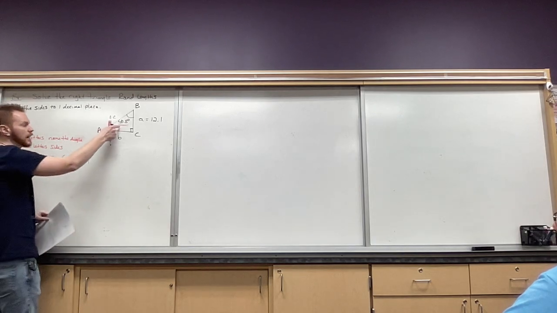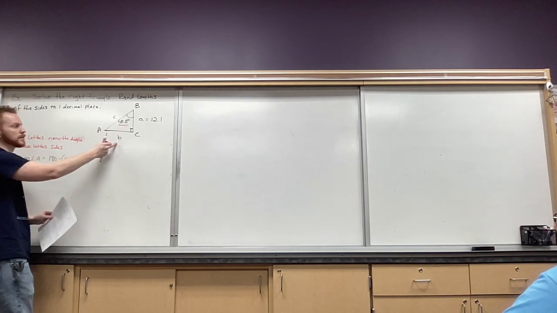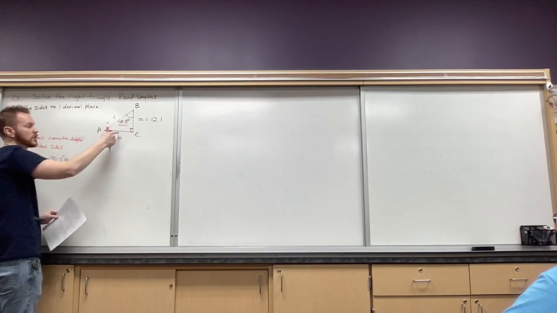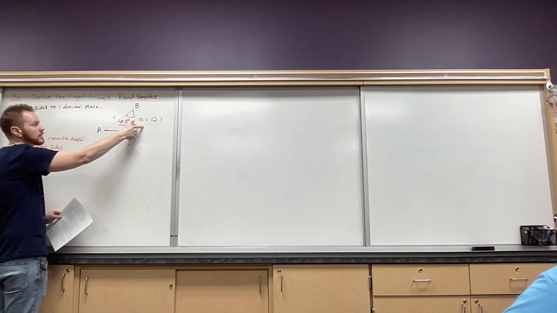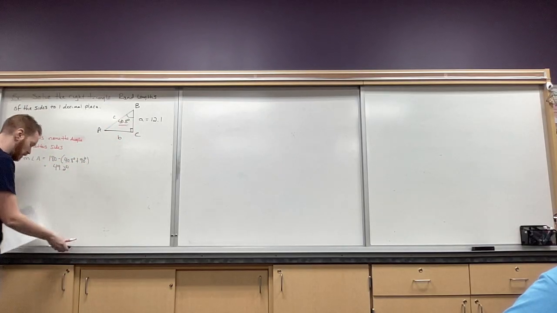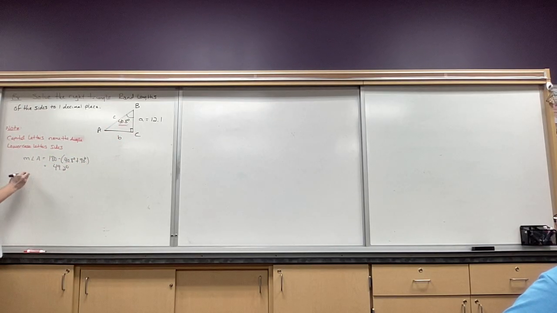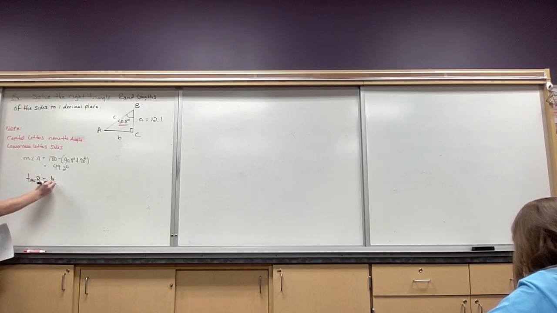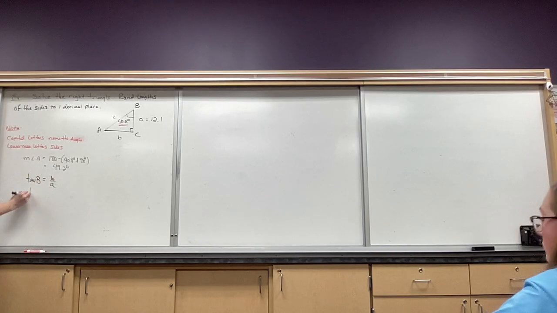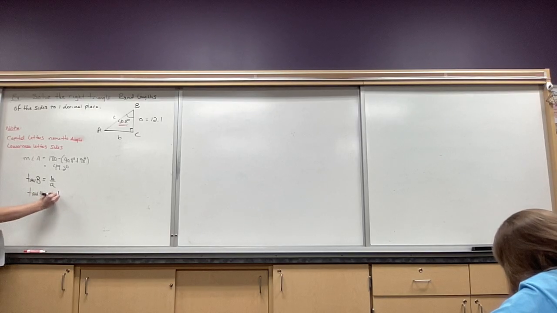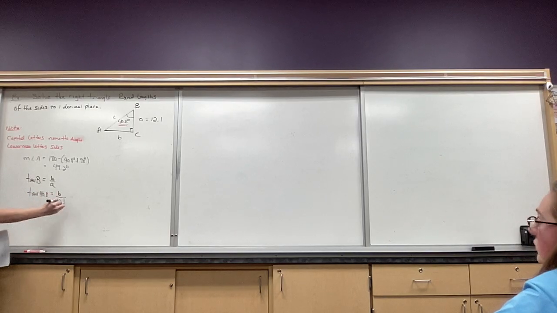So using this, if I want to find, let's say b, for instance, I could do tangent, which is opposite over adjacent. So tangent would be a good one to find b. Okay, so let's give it a shot then. Tangent of B is going to equal little b over a. I'm going to plug the values in. So tangent of 40.8 equals little b over 12.1.